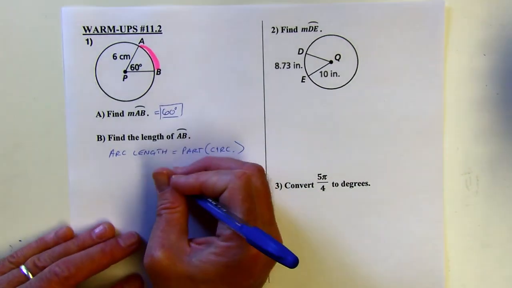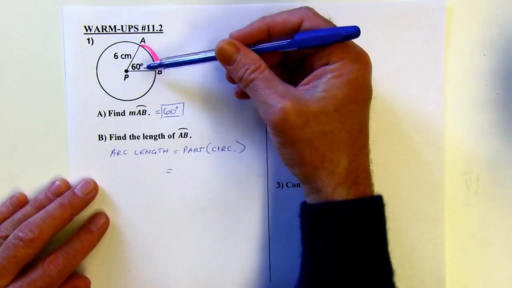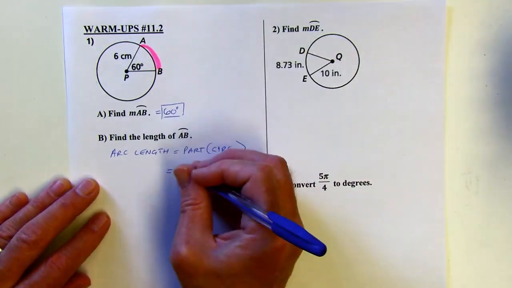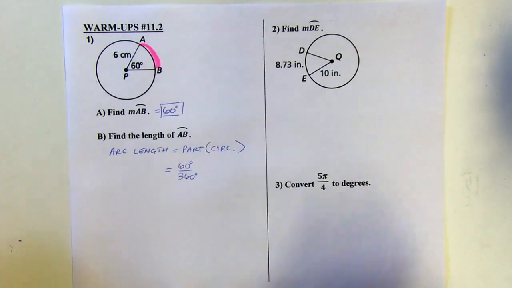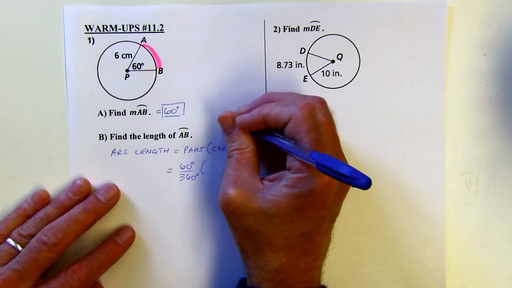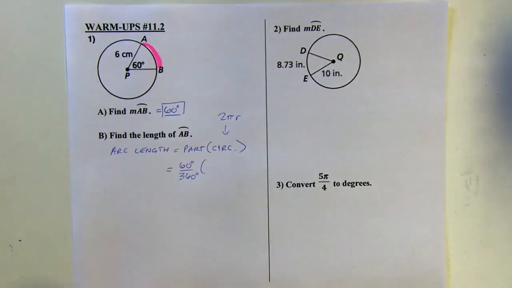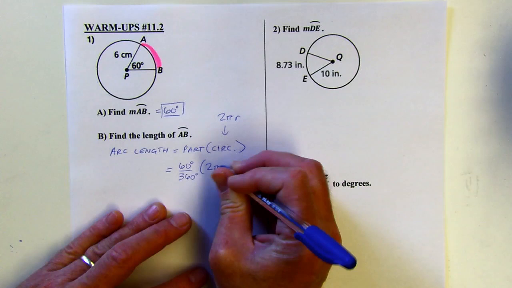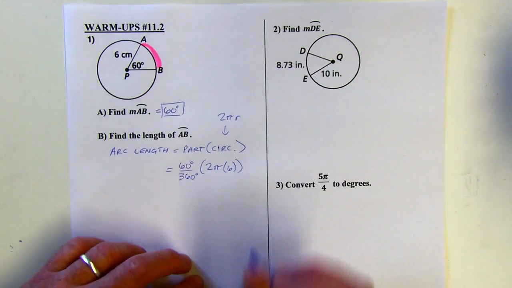All right, so when I say part, I'm thinking, well, how much of the pizza am I dealing with? Well, I'm dealing with a 60-degree slice out of the pizza. So I got 60 degrees out of a total of 360 degrees because that's what the whole circle is, okay? And then for the circumference part, I'm going to use 2 pi r because that's the formula for circumference, okay? And the radius here is 6 centimeters, so I'm plugging that in there, okay?